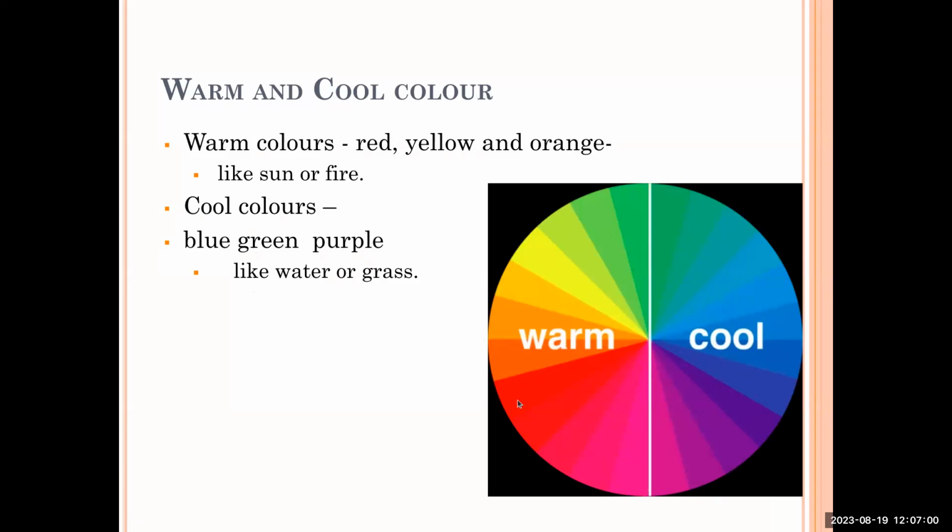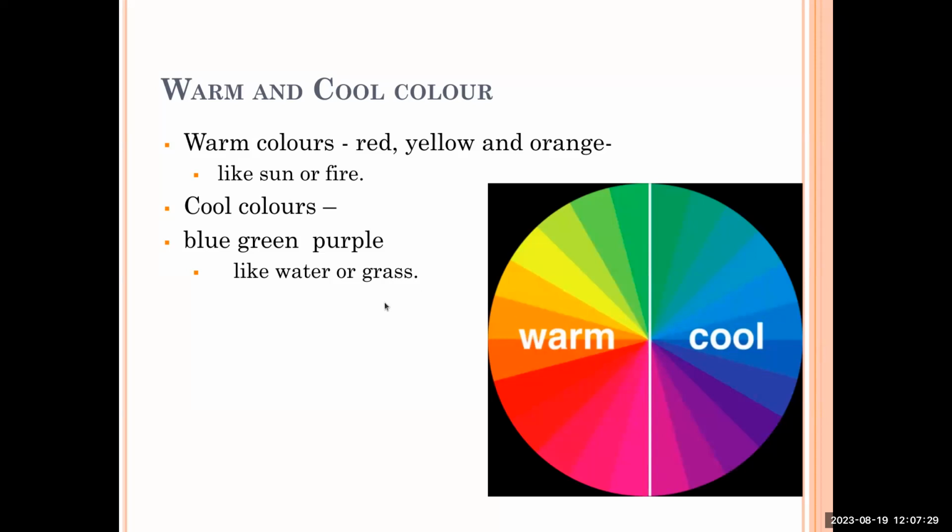Warm colors are like fire, and the cool colors are like blue. Blue color is like water. In sea water, blue color is available. In fire, you can see red color. These are mainly warm colors and cool colors.